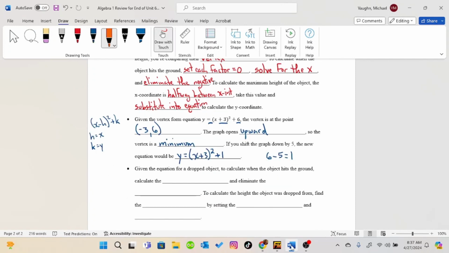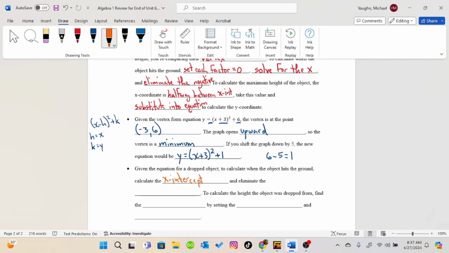Given the equation for a dropped object, to calculate when the object hits the ground, calculate the x-intercept. This is because when the object hits the ground, it will have a height of 0, which means it will have a y value of 0.